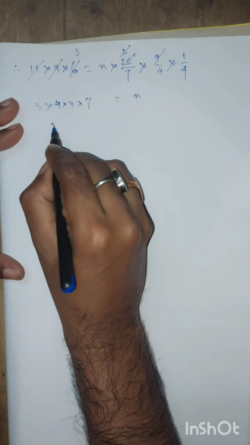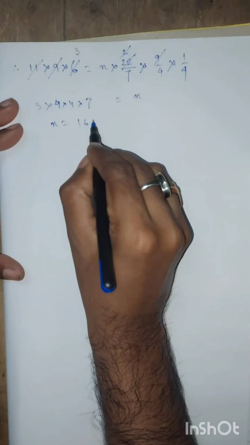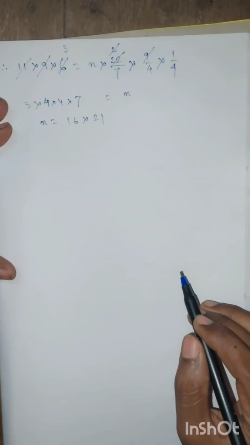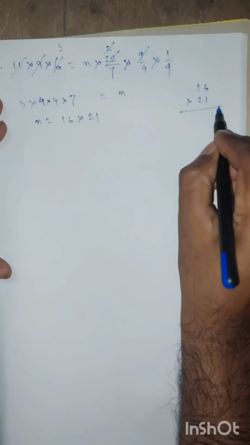That means n should be equal to 16 into 21.